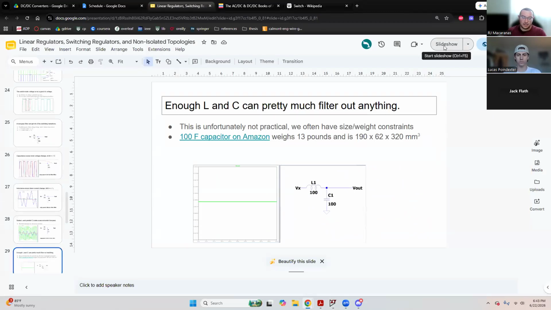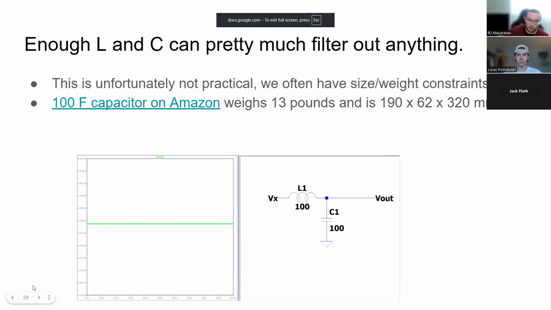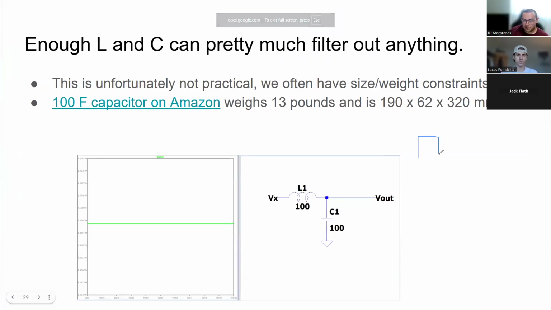Anyways, that's all right. So I'm switching in this example at a 50% duty cycle. So I'm on for half the time and I'm off for half the time.